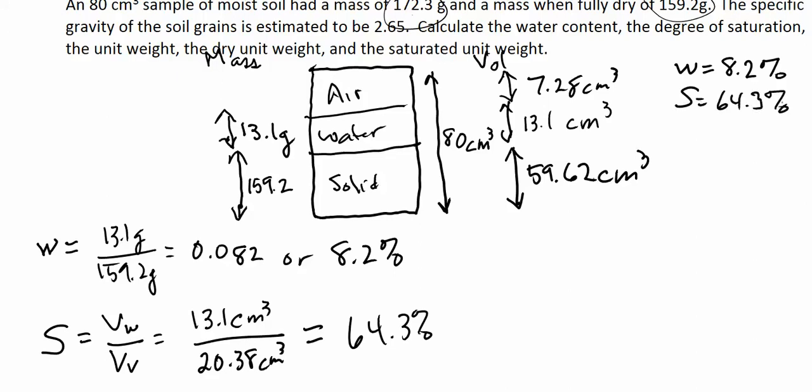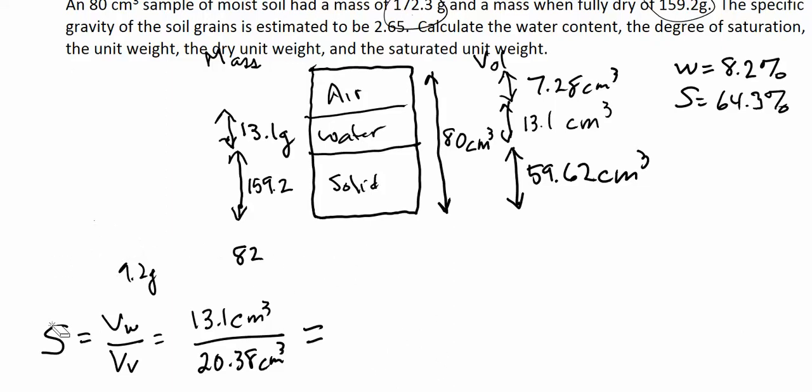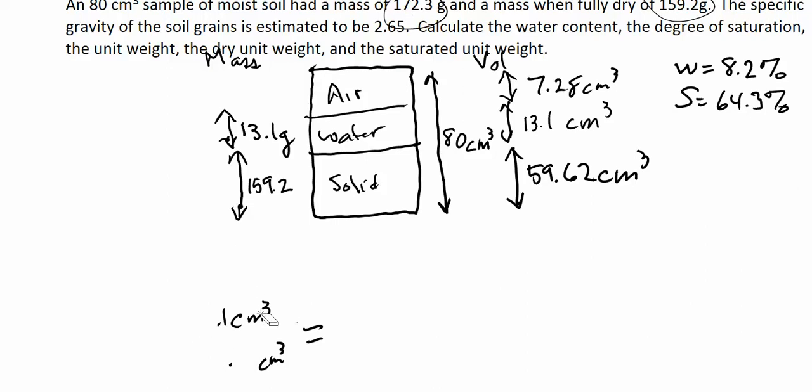Now we need to get to our unit weights, and we're asked for the unit weight, which when it doesn't give you anything else, notice it says the unit weight, it means moist, so as it was sampled. To get that, I'm going to need more space again. I can get the unit weight, which is basically the moist unit weight, so I put a little sub m, which I sometimes use, sometimes don't. When there's no subscript there, you should assume it's the moist or as-sampled unit weight.